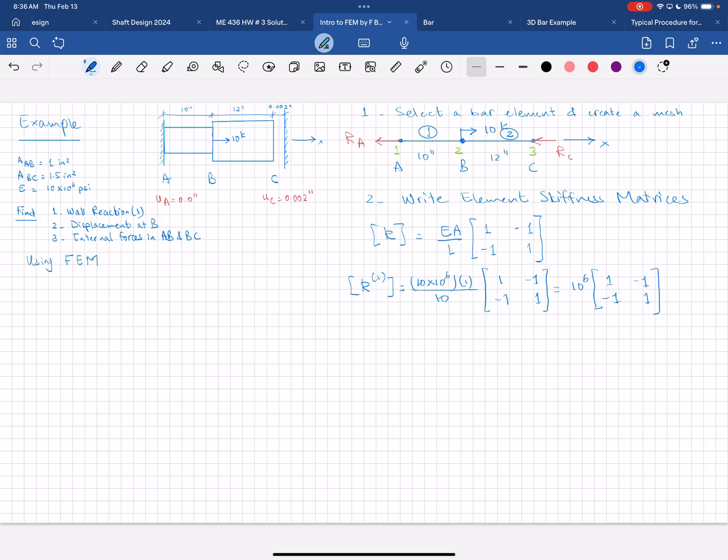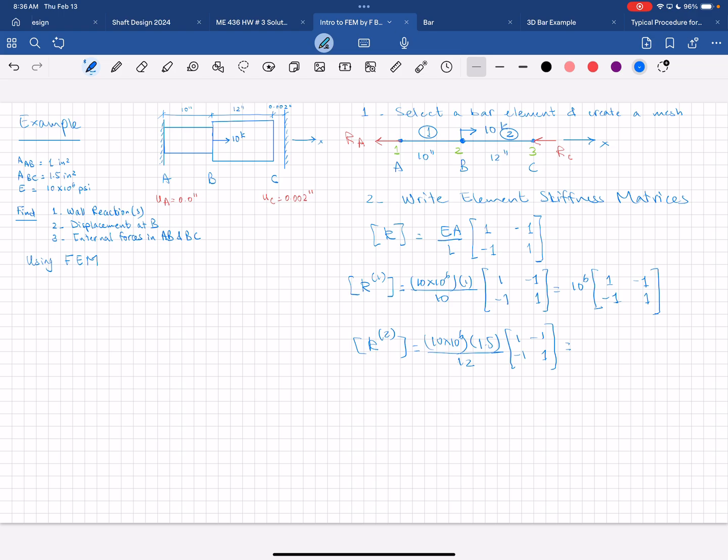Likewise, for element 2, we're going to have a K2, and this is equal to 10 times 10 to the power 6 multiplied by 1.5 divided by 12 times a 1, a minus 1, a minus 1, and a 1.